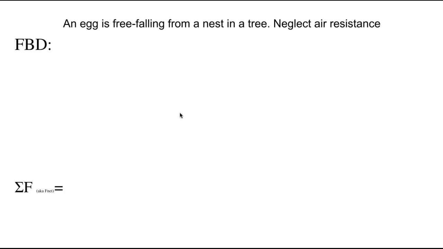All right, so let's get used to practicing drawing free body diagrams and the sum of our forces. An egg is in free fall from a nest in a tree. Neglect air resistance. Okay, so here we go. Let's get an oval here. Now it is in free fall, and we are neglecting air resistance. So I have 1 arrow to draw.